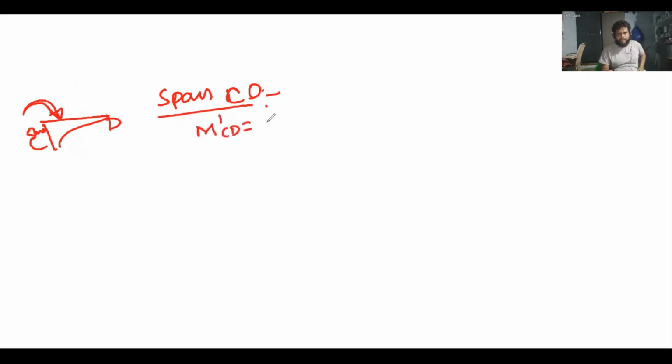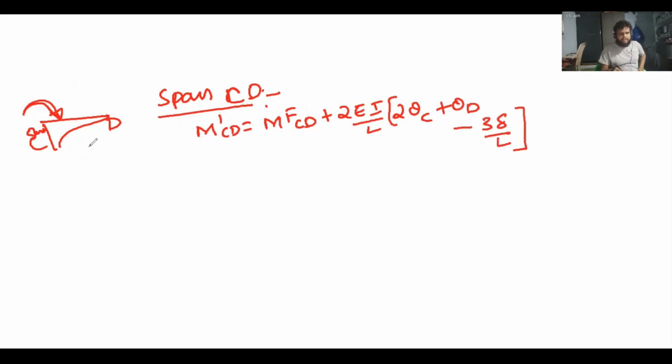equal to MFCD plus 2EI by L into 2 theta C plus theta D, here minus 3 delta by L. Now if you see over here, this theta D is given as minus 0.1.